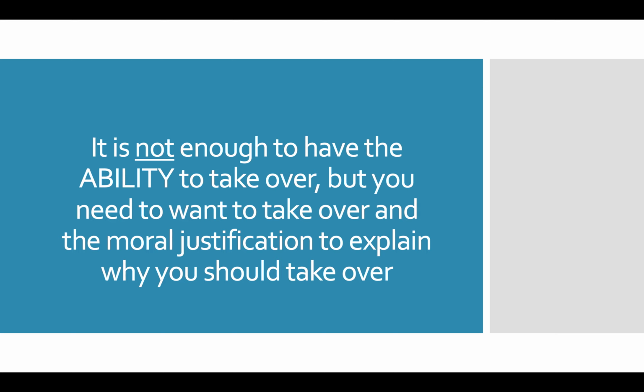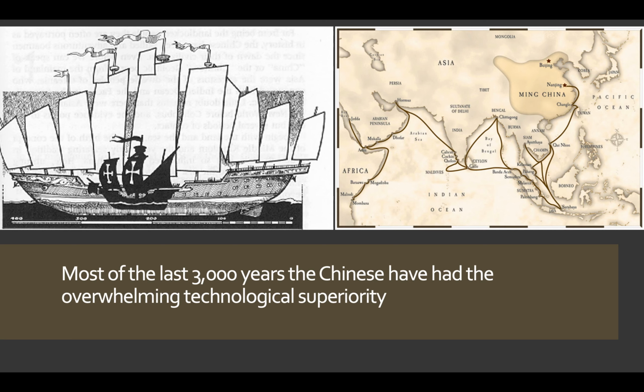And the simple fact is, if it was just ability to take over the world, it would not have been the British and the French. It would have been the Chinese. If you were a betting person, at basically any point in the last 3,000 years, if you were going to say who you thought would be a global dominant power in 1900, you would be wise to put your money on the Chinese.